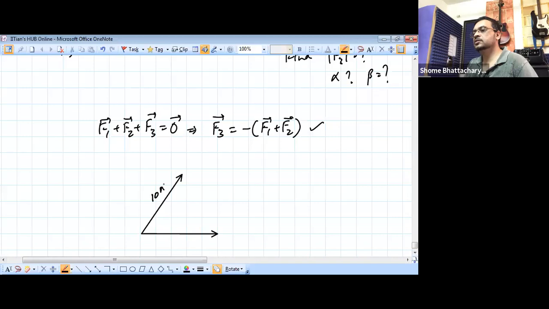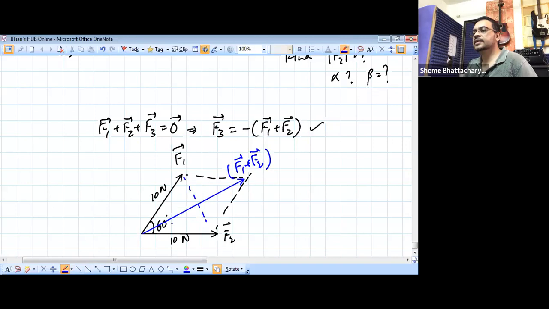So this is 10 newtons, this is 10 newtons, and this angle is 60 degrees. So their vector sum should become like this. This is F1 plus F2.